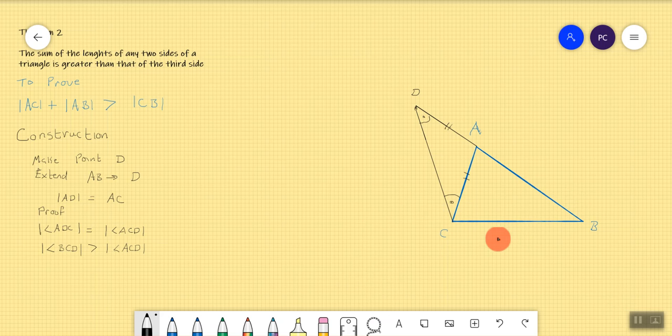And then we can say as well that if the angle BCD, so if this angle is bigger than this angle, then it also has to be bigger than this angle as well, because this angle and this angle are equal to each other.